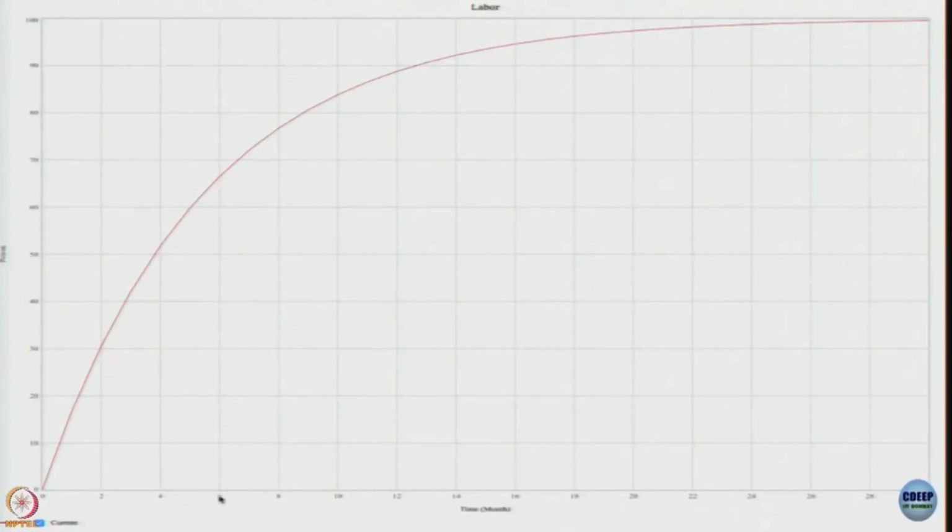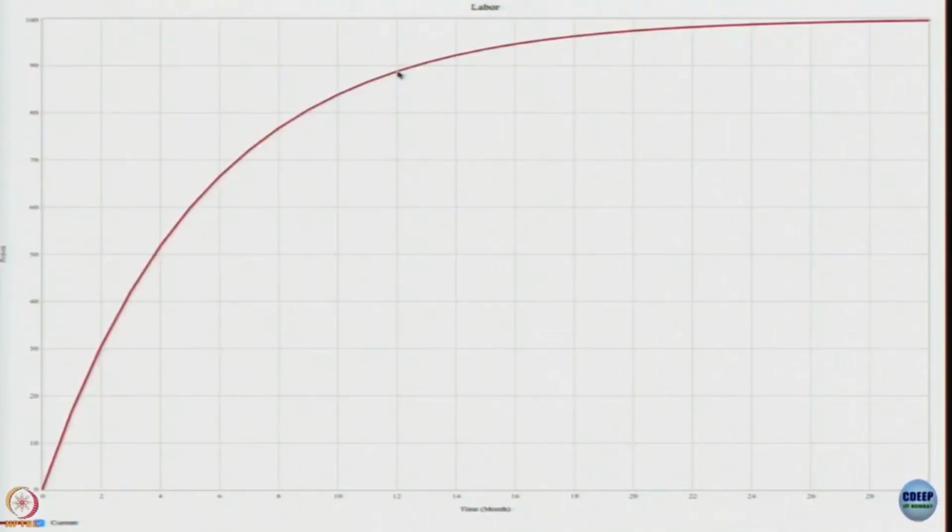Now let us see when time became 12. At time 12, the value is about 88, I would say. I don't know the exact value, but I am just guessing, probably it is 88 here. At time 6 about 65% of the gap was fulfilled.